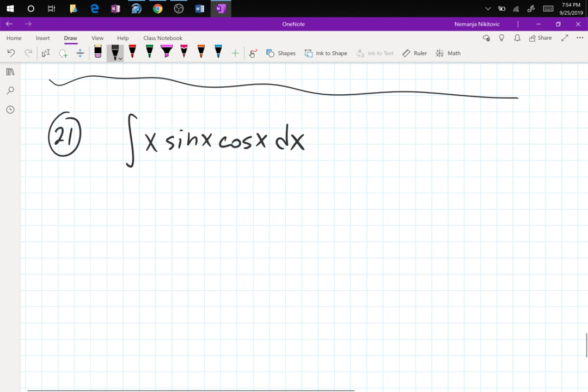So it's like the UDV, but DV is like sine x.